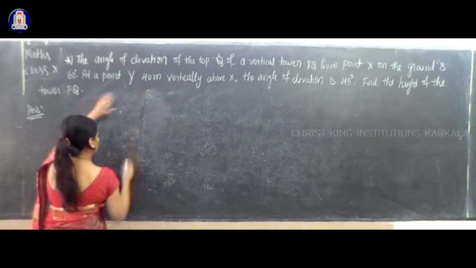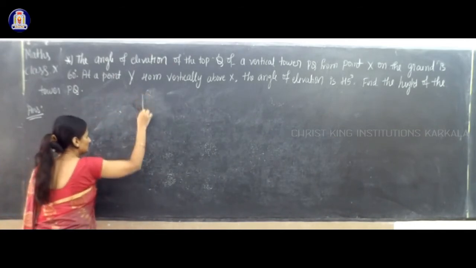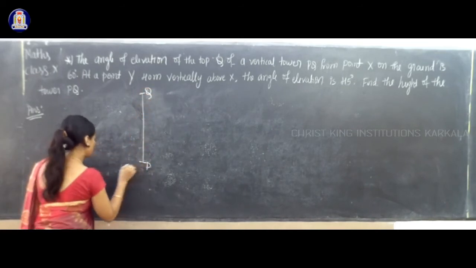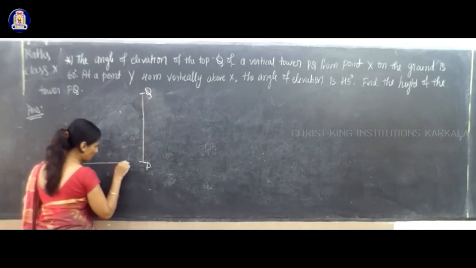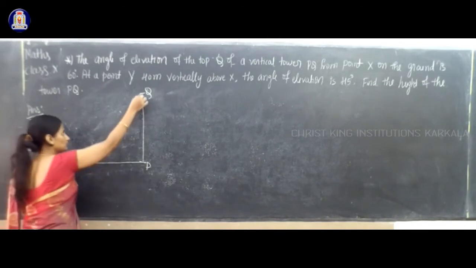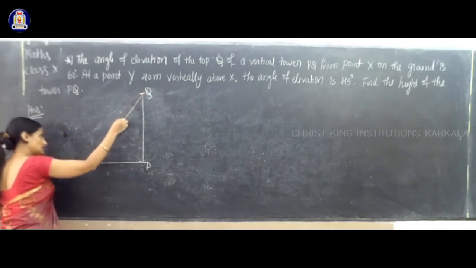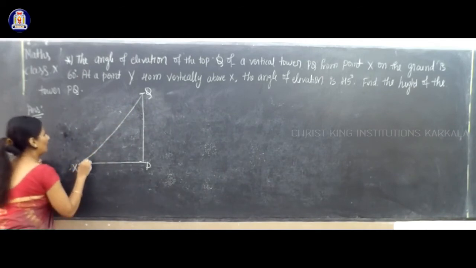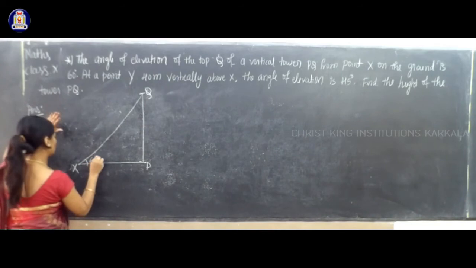Yes. Draw again. So this is PQ. On the ground there is one point X. So this angle is 60 degree.